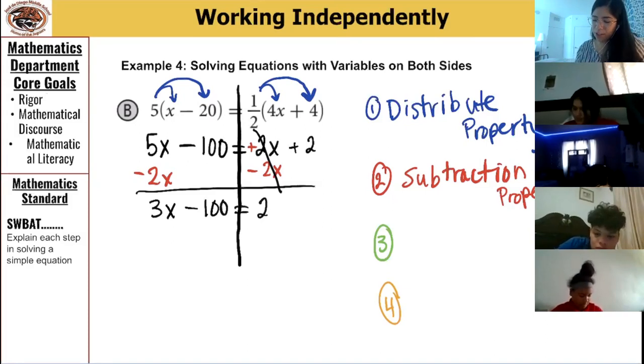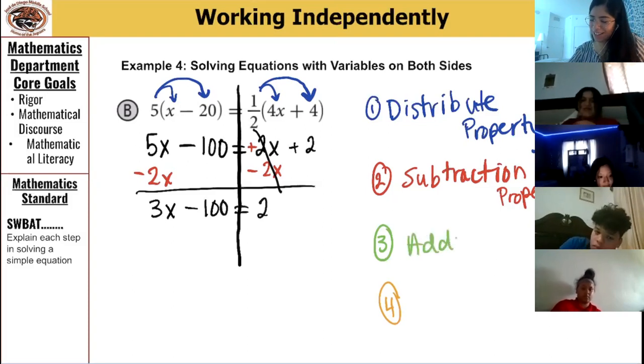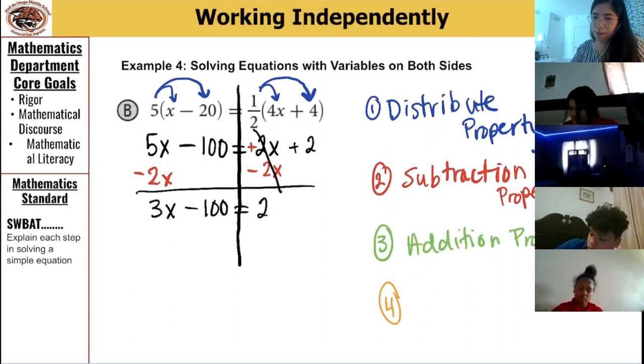Okay, awesome. So let's finish this out. What property am I using for step 3? Addition, there you go. And this is where I know a couple people got it wrong because maybe they subtracted by accident. I see minus 100.